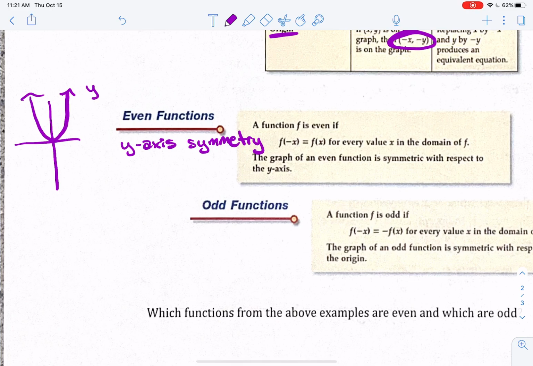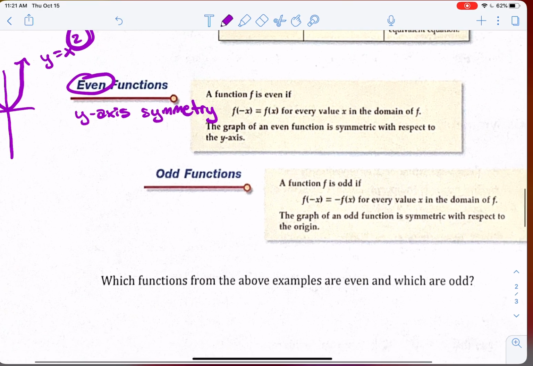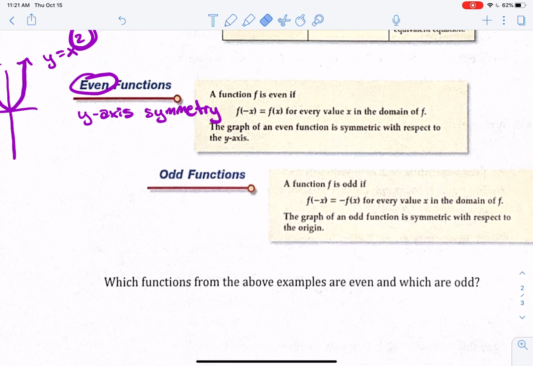A parabola is y equals x squared, and the way that I can remember that is even functions, this guy is squared. Okay, even, it has a power that is even. Okay, odd functions have not y or x-axis symmetry, but origin symmetry. So if it is symmetric with respect to the origin, it is considered to be an odd function.